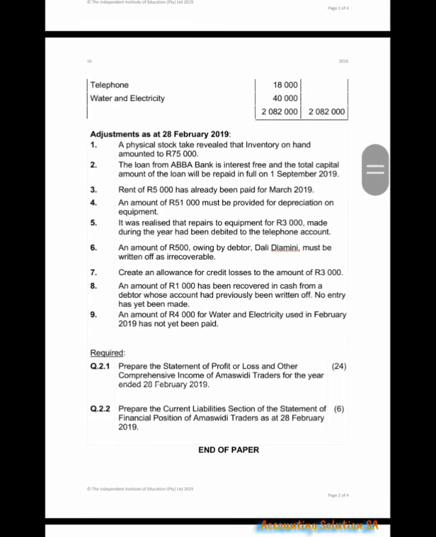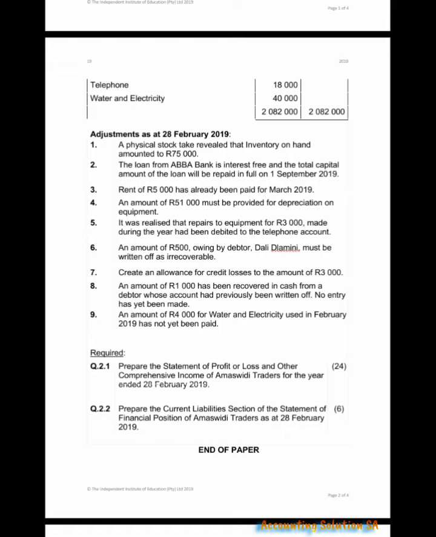Then number 9, they said an amount of 4,000 for water and electricity used in February 2019 has not yet been paid. So we found that there is an amount of 4,000 for water and electricity which was used in February, which has not yet been paid. Remember the principle of income statement under the matching concept of GAAP. They say that we have to make sure that income and expenses must be recorded for 12 months.